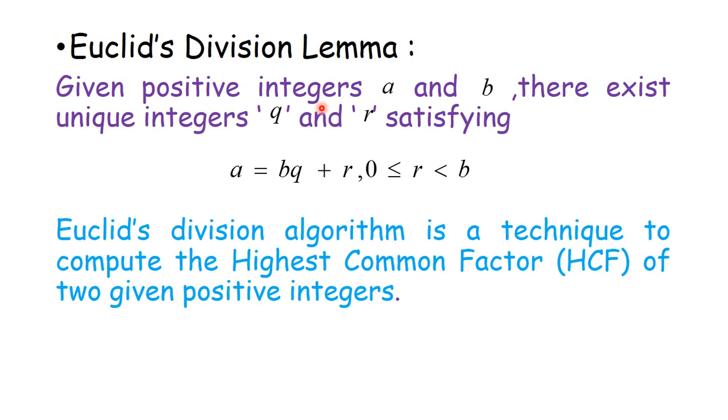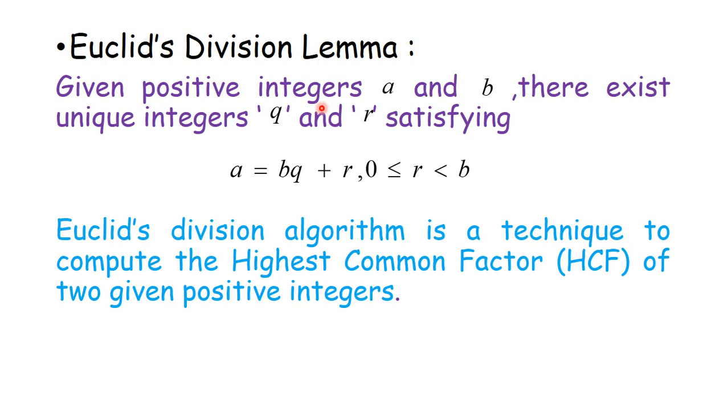One application of Euclid's division lemma is that by using it, we can compute the highest common factor of two positive integers. Highest common factor is that number which is the highest divisor of both the numbers.